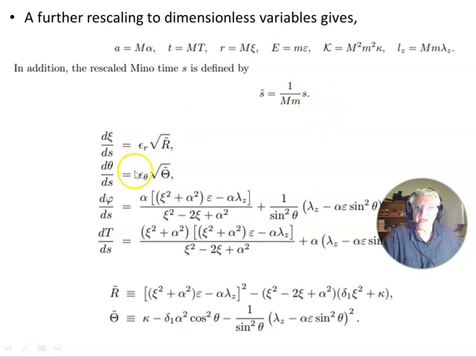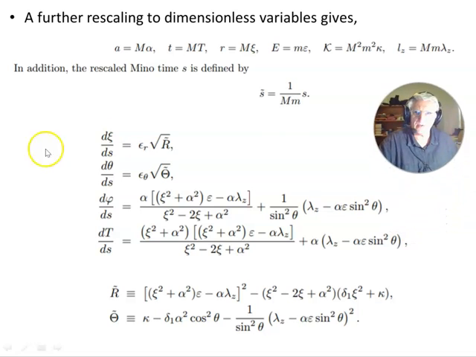The equations become, with appropriately changing variables, zeta here, d zeta ds instead of the dr ds we had on the previous slide, and the others suitably turned. Don't forget r tilde, theta, capital theta tilde, capital R tilde take this form as a result of that rescaling.